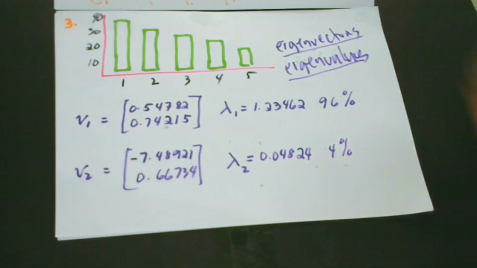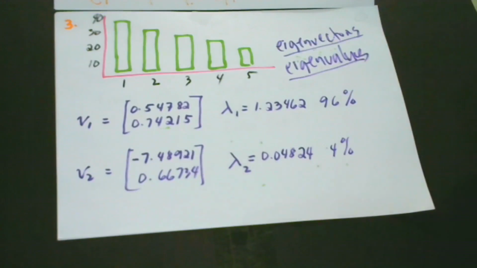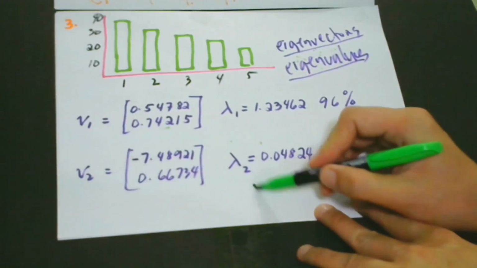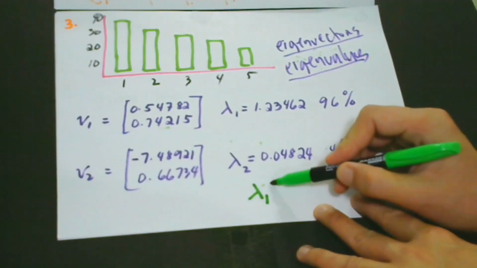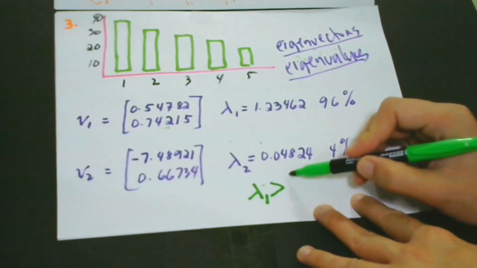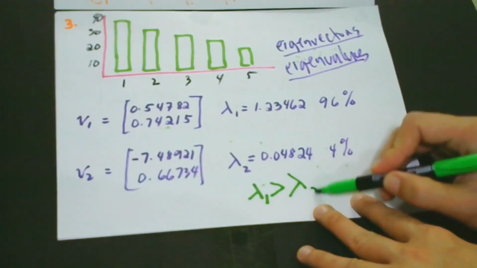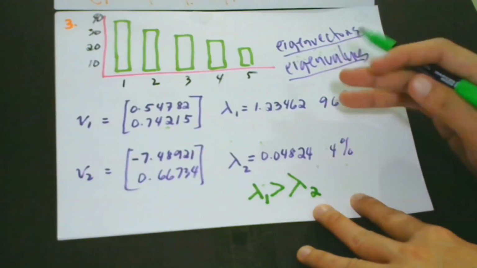So based on this, we can say that eigenvalue 1 is larger or is greater than eigenvalue number 2. So what does it mean?